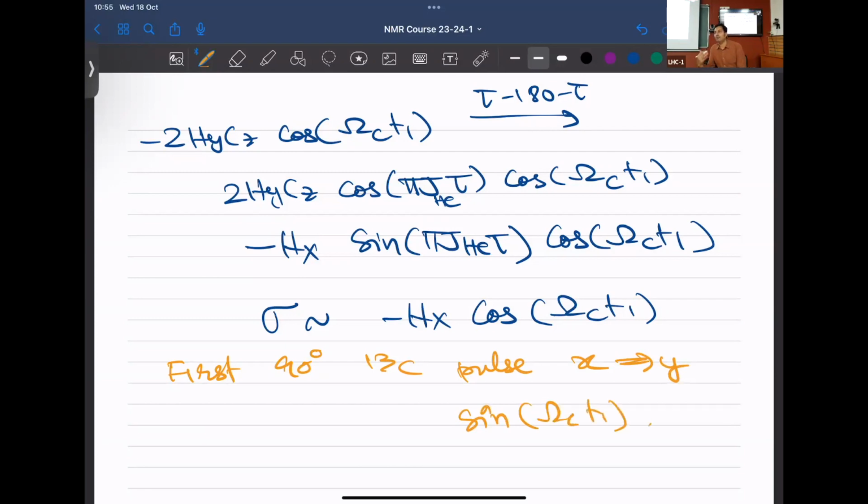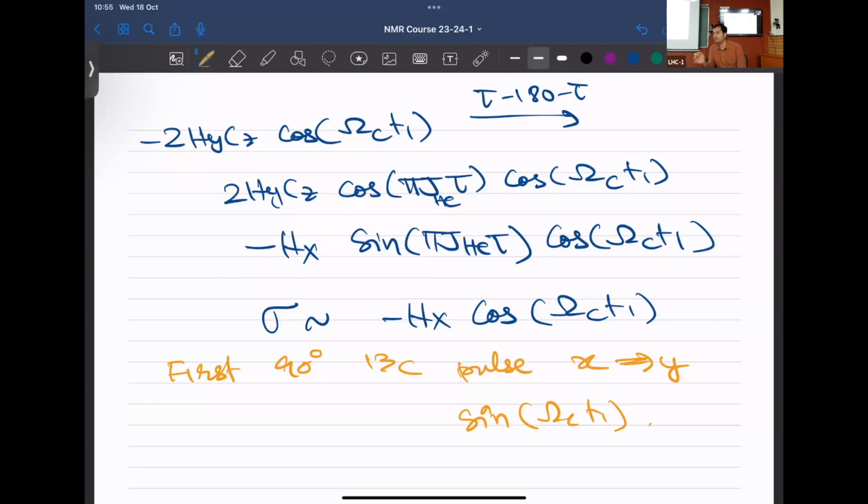So this will be the repeated way a 2D is done. You'll get the cosine modulation of the carbon chemical shift from the proton FID. Repeat the experiment by doing a quadrature along the indirect dimension. Acquire all the points across the dwell time and through the acquisition time. Do a two-dimensional Fourier transformation. You'll get the HSQC.